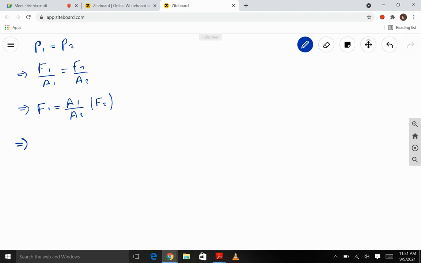We know area is pi r squared, so F1 equals pi r1 squared over pi r2 squared, times F2.